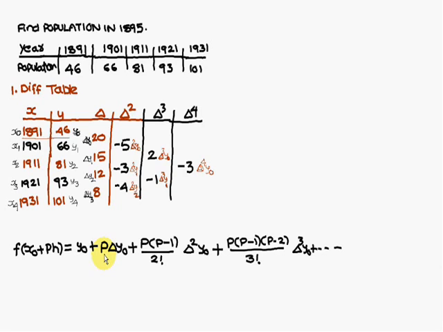How have we written the p? First is p power 0. Second one is p power 1. Next one p into p minus 1, remember the subtraction. In the next one p into p minus 1 into p minus 2. In the next value p into p minus 1 into p minus 2 into p minus 3. So this is the notation you have to adopt.